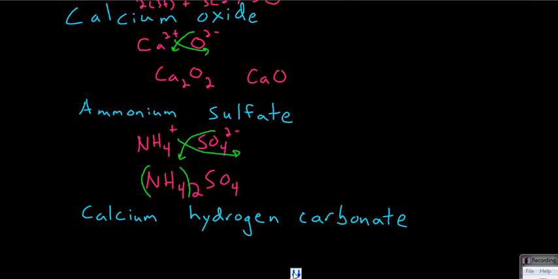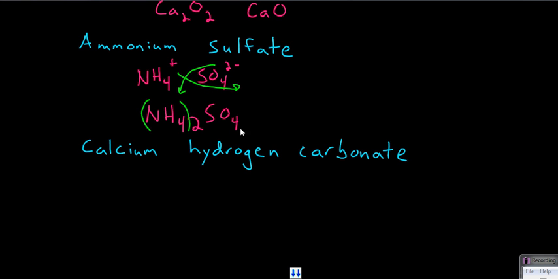Okay? In the next example, calcium hydrogen carbonate. Calcium has a 2+ charge, and hydrogen carbonate is a polyatomic ion. The polyatomic ion we're talking about is HCO3 - 1. Again, we can do our crisscross.